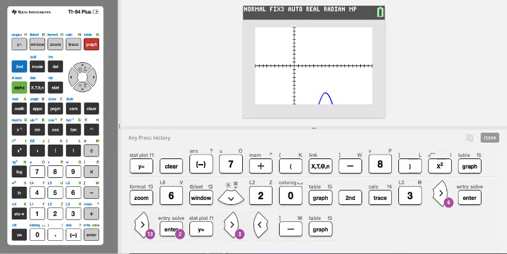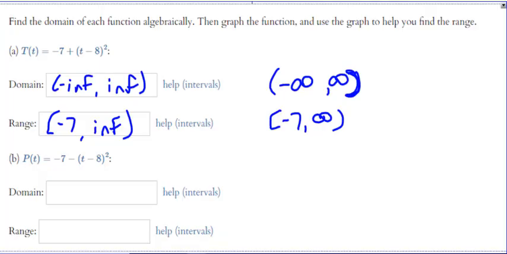Ooh, you can see it down there, right? It's quadratic, so we know, and we know it's quadratic because of this. So that's -inf to +inf.